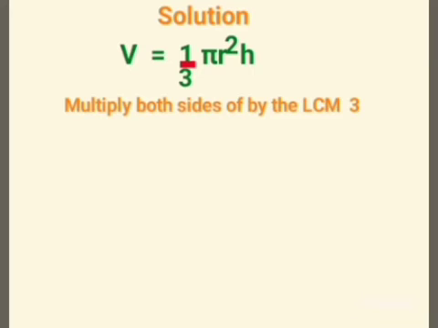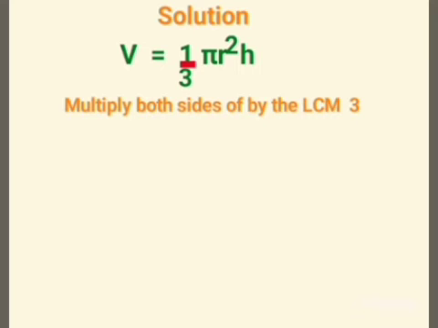Solution. To make r the subject of the formula V equals 1 over 3 pi r square h. To clear fraction, multiply both sides of the formula by the LCM of the denominator. The denominator of the formula is 3, and the LCM of 3 is 3.